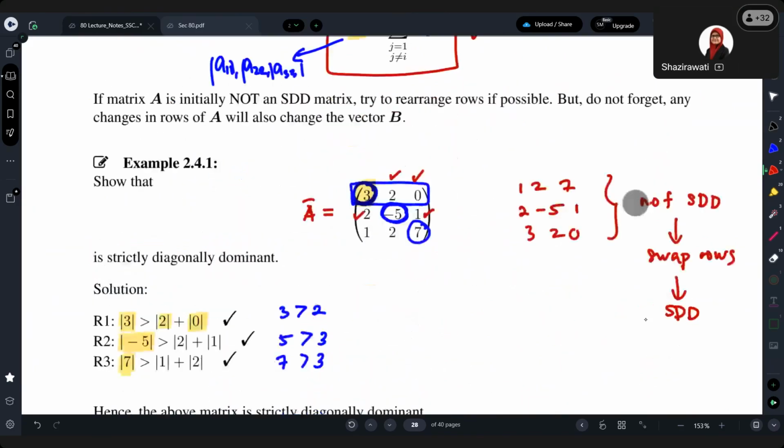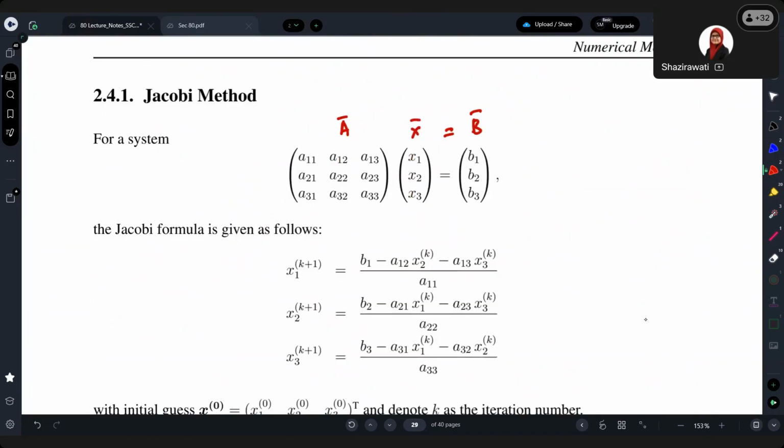Now, the formula for your unknowns consists of x1, x2, x3. By row number 1, we know how to read it: A11x1 plus A12x2 plus A13x3 equals B1. That comes from Ax equals B. If you are given it already in equation form, it is easy and clear.